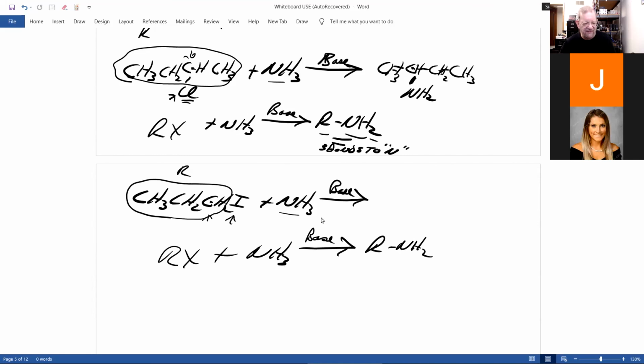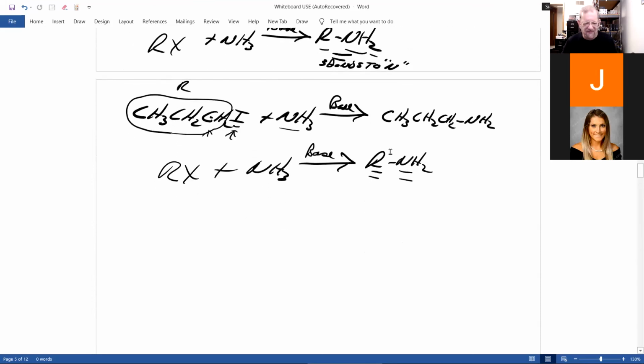N-propyl. This carbon with the halogen will be the carbon in R with the amino group, NH2, and it's called an amino group. So I have my R group. Notice there are 3 bonds to nitrogen, so 3 minus 1 means there are 2 hydrogens. And that's how you do it.